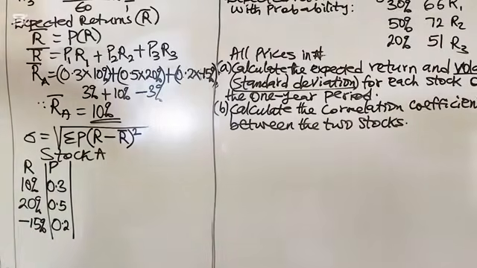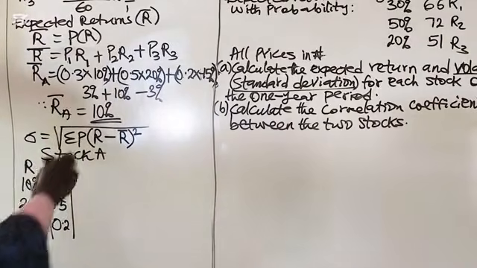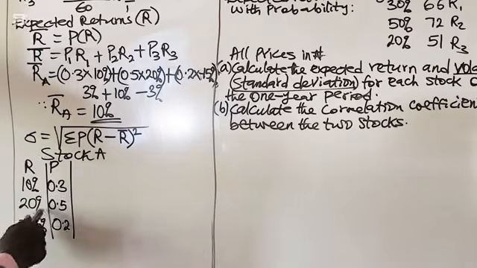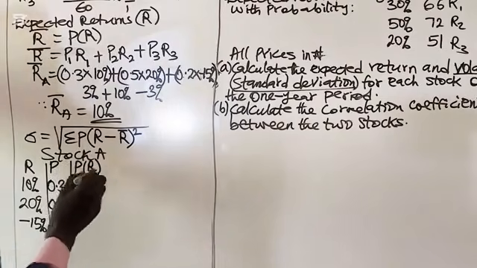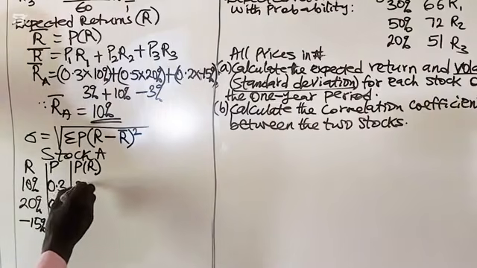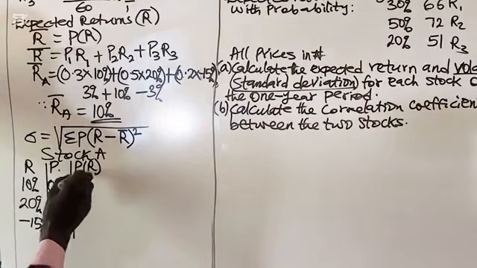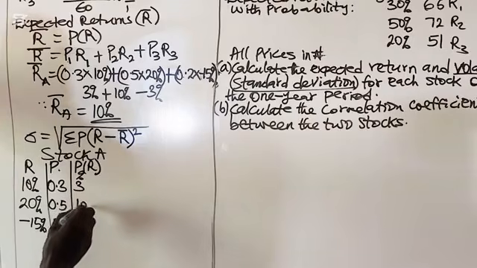Now the expected returns, we've calculated that above, or you may equally show it in a table like this, which is probability times returns. So this gives us 3%. Everything is in percentage. 3%, 10%, and minus 3.